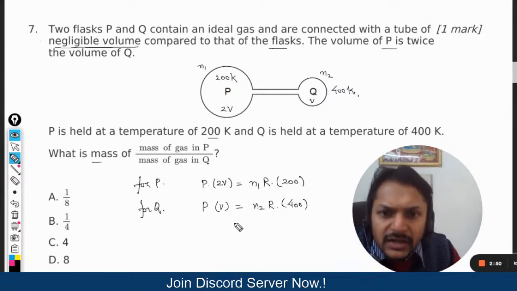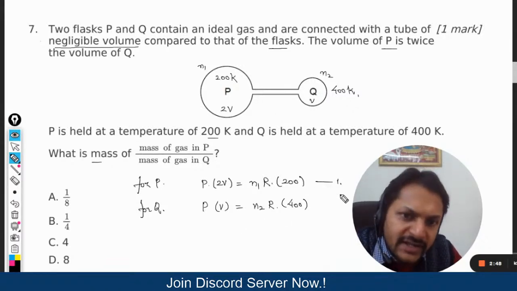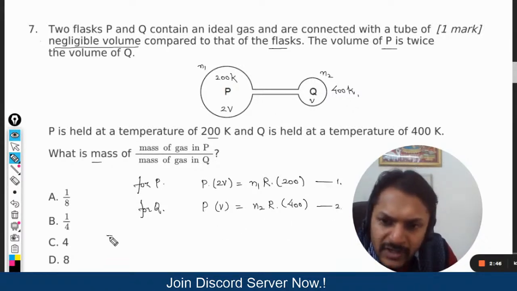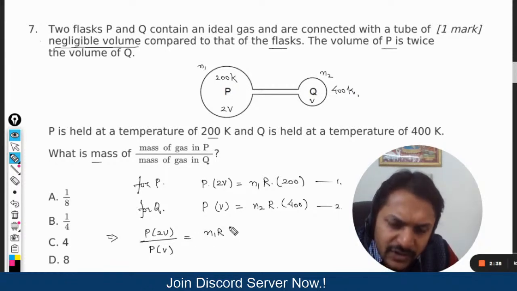So clearly now what we can do is divide these two equations, 1 and 2. So P into 2V divided by P into V is equal to N1 into R into 200 divided by N2 into R into 400.